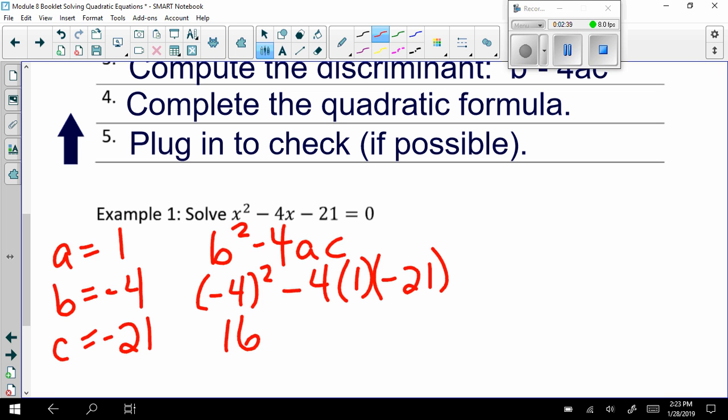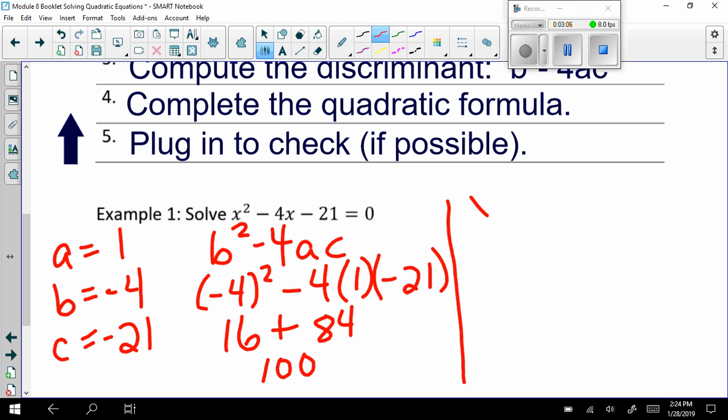And then be careful with your signs. I always just look at my signs first. I've got minus and then a negative, so that's going to become plus. And then 4 times 21 is 84. Adding those together, I get 100. Now, this is positive, so I expect 2 solutions, 2 real solutions.